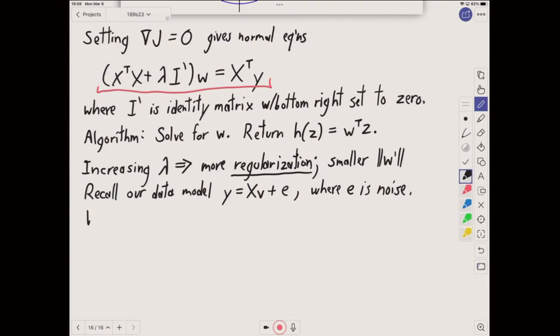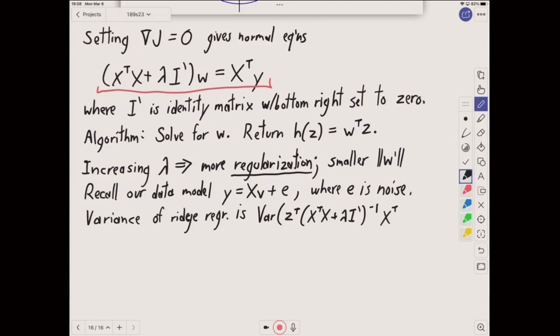is that the variance of ridge regression is equal to the variance, in the standard statistical sense, of this thing here.